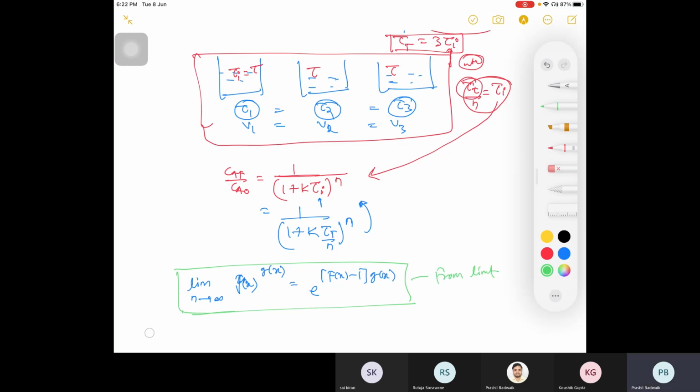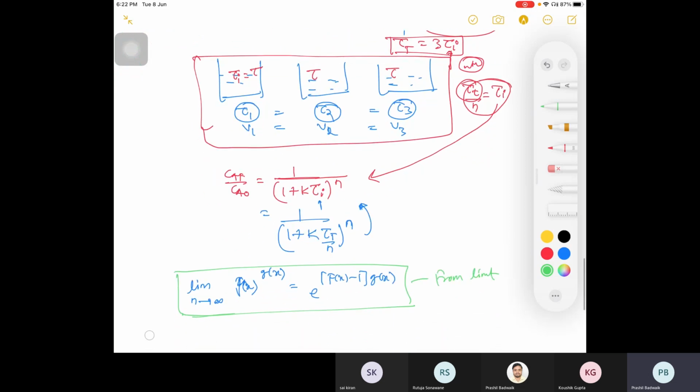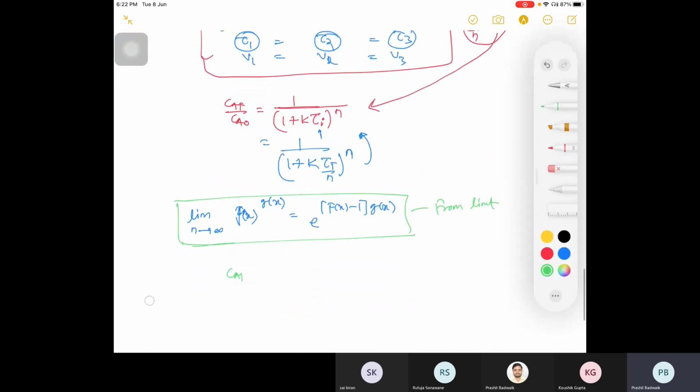Okay, now please apply this formula here in equation 1. Here what you are getting? CA final divided by CA naught, that is e to the power what? Minus k tau total.